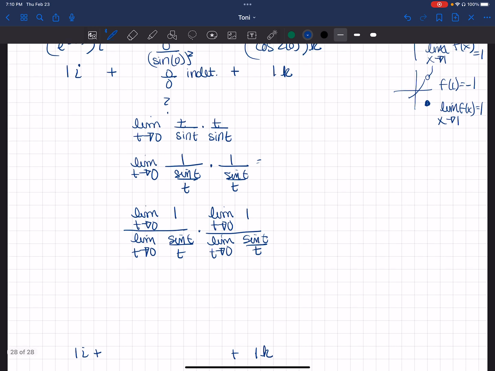And you know what, I'm going to move this so it can keep going. There we go. Now, the limit as t approaches 0 of 1, well, if it's always 1, that's just 1.